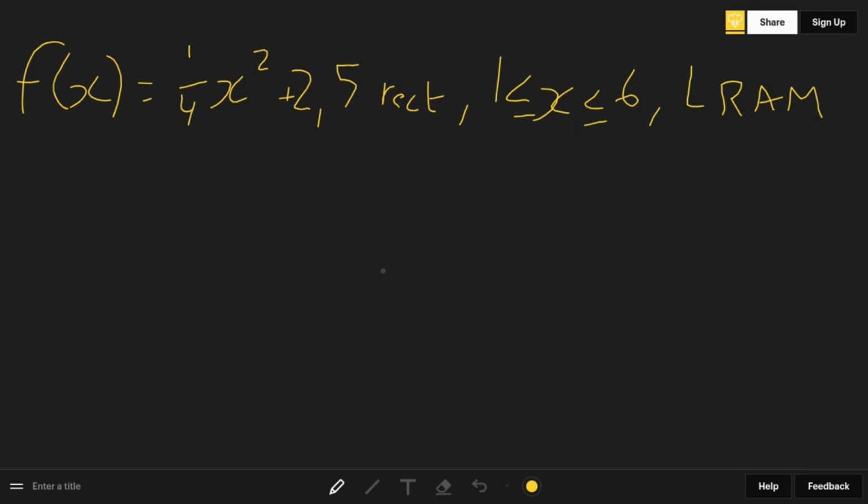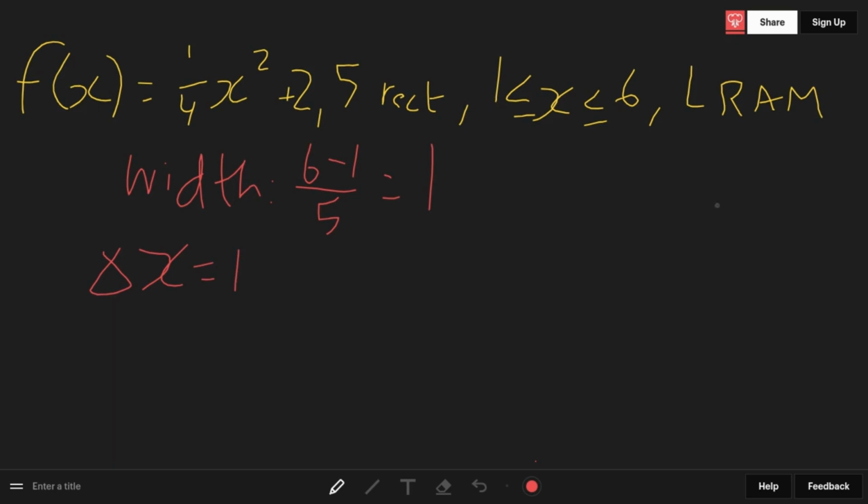First I'm going to calculate the width. I find the width by subtracting the minimum x value from the maximum x value and dividing that by the total number of rectangles. In this case I get 1, which is pretty good. So that means the width of each rectangle is 1.